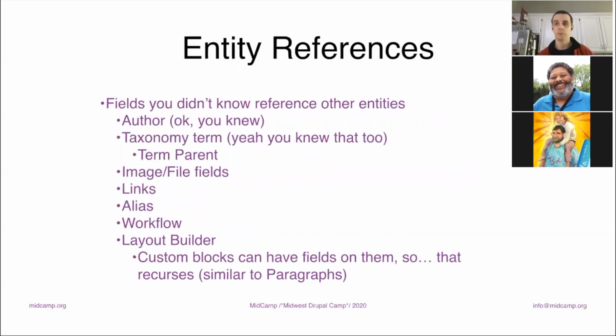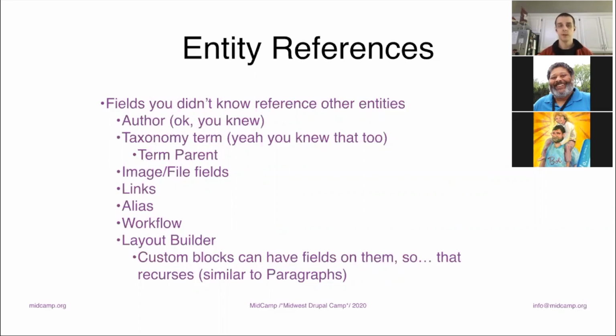Like it references blocks. If one of those blocks were a view, that's an entity. It can also reference custom blocks. So, Drupal has long had the ability to create custom block types that you can just put content in. And this is actually in many ways very similar to paragraphs from a data storage mechanism.